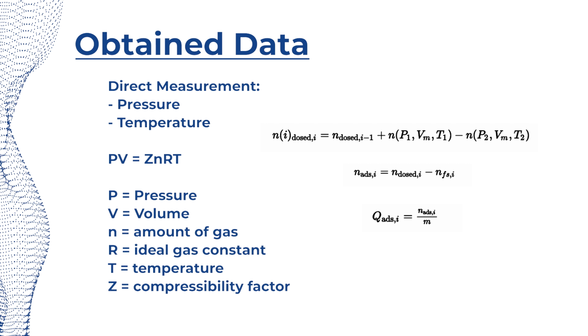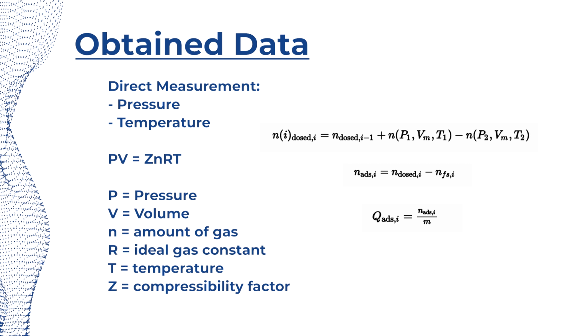The quantity dosed is the initial quantity of gas in the manifold minus the final quantity of gas left in the manifold after the gas is expanded into the sample tube. From this calculated quantity dosed, we subtract the amount of gas in the free space, which is measured, to obtain the quantity adsorbed, and finally we normalize this per gram of sample.